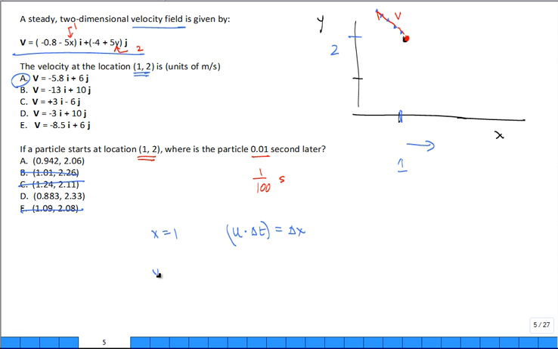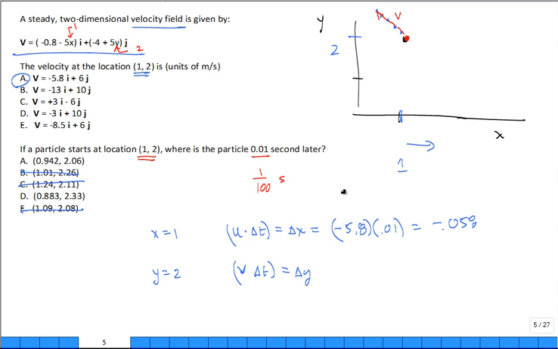And it starts at the y location 2, and v, which is u, v, w, the speed in the y direction, times the time that it moves in that direction, gives me delta y. So we calculate u, which is negative 5.8 times 0.01. Negative 0.058 is the delta x.